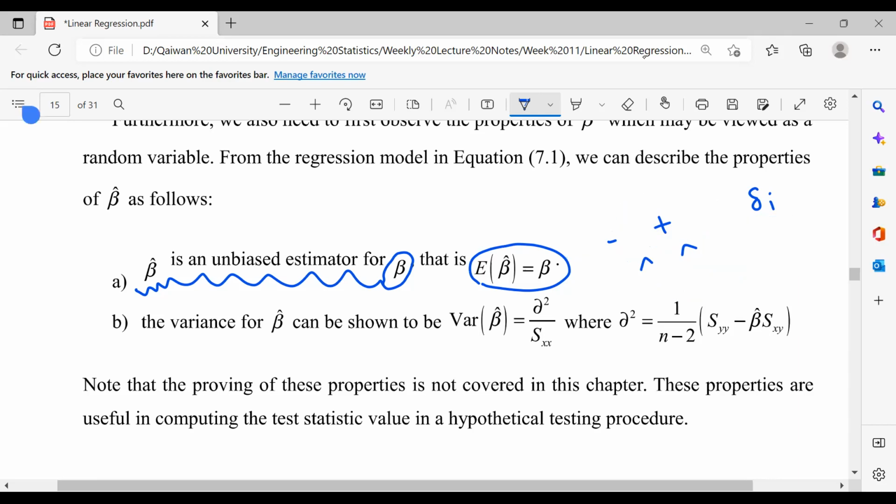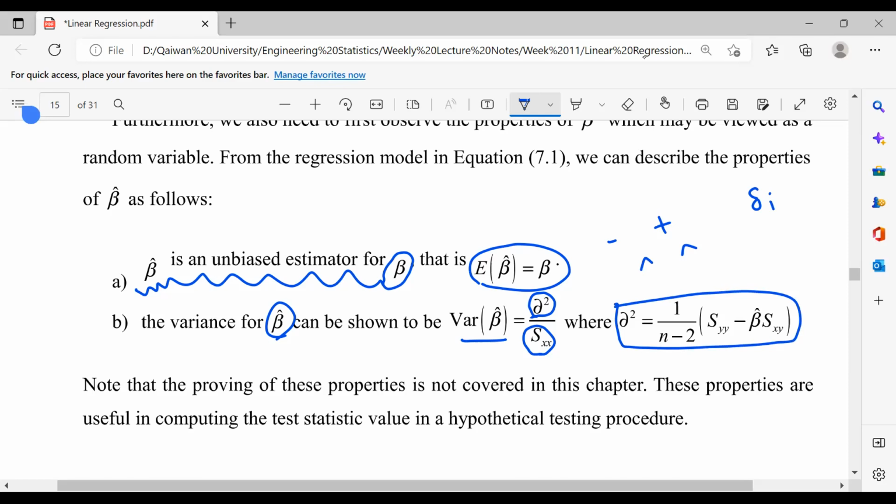It's written down there. And also the variance for beta hat, var of beta hat, is sigma squared over S sub xx. We already have the formula for finding S sub xx. But for sigma squared, we can get it from this one.